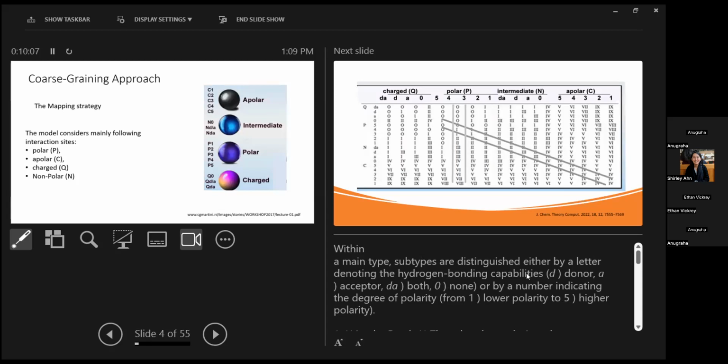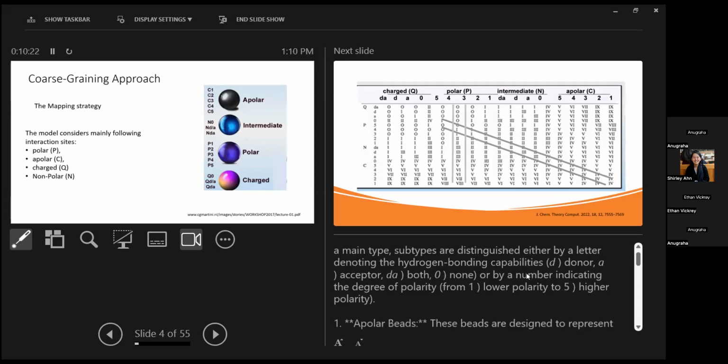Another interesting thing about coarse-graining is it also retains some chemical specificity. For example, the model considers mainly polar, apolar, charged, and non-polar interaction sites. Also within each subtype of these, they can be distinguished.